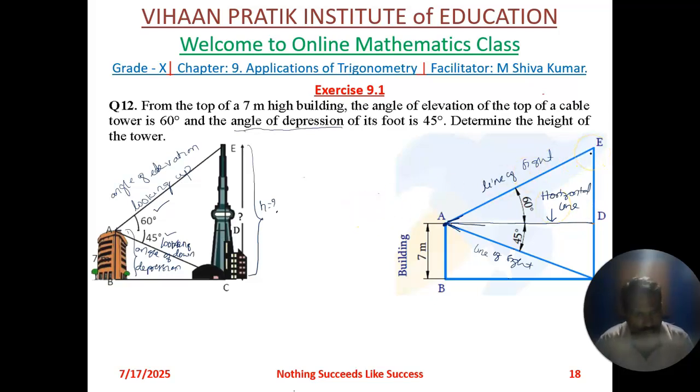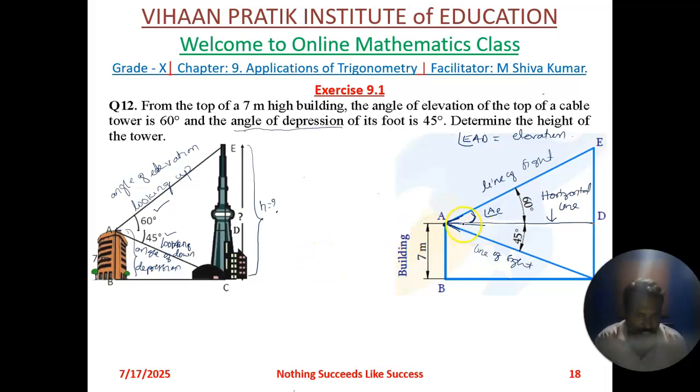Now angle EAD is called as angle of elevation with reference to this horizontal line. So then this will become angle of elevation. So I'll write it as angle A, angle of elevation, or angle AE means angle of elevation.